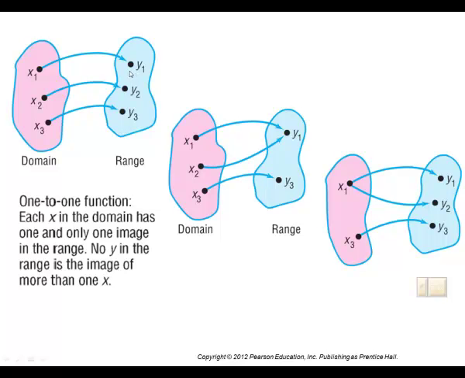Okay, so for a function, for each x there's only one y. But in order to be one-to-one, for each y you can only have one x. So this would be not only a function, but it would also be one-to-one. And this one here is a function, for each x there's only one y, but the question is, for each y is there only one x?